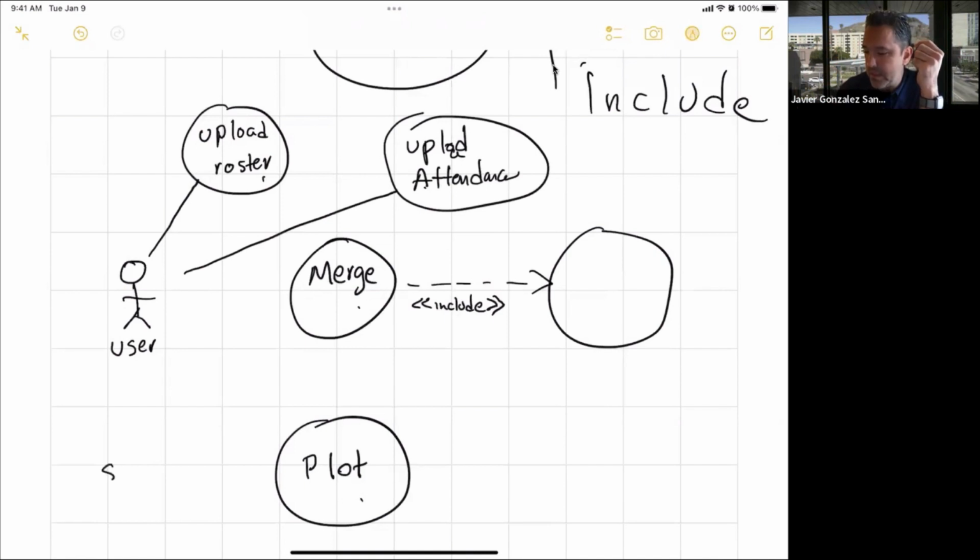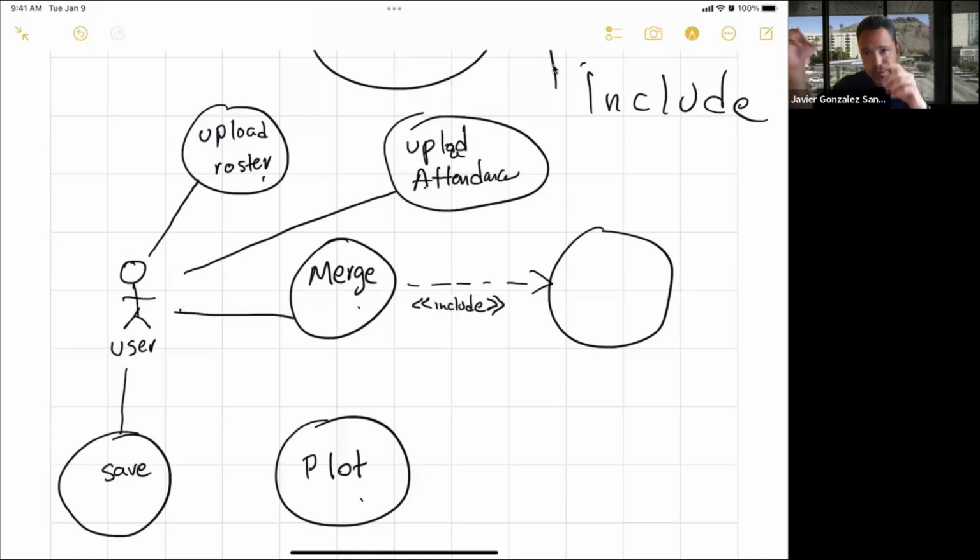And I was missing the save, right? Something that the user wants to do is to save things. Something that the user wants to do is to merge things. Remember, the attendance together with the roster. Something that the user wants to do is to plot all these things.